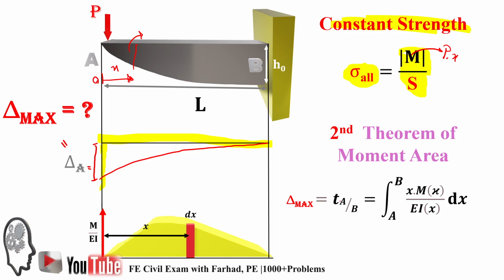How do we calculate the tangential deviation of A with respect to B? If we consider an element with length dx standing at a distance x from the vertical line which passes through A, then t A with respect to B is the integration over the length of the beam, from 0 to L, of x times Mx over EI, which is a function of x, dx.